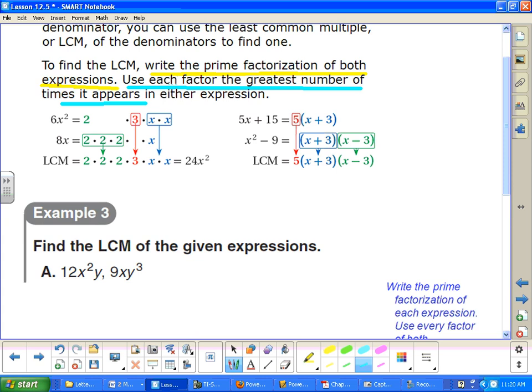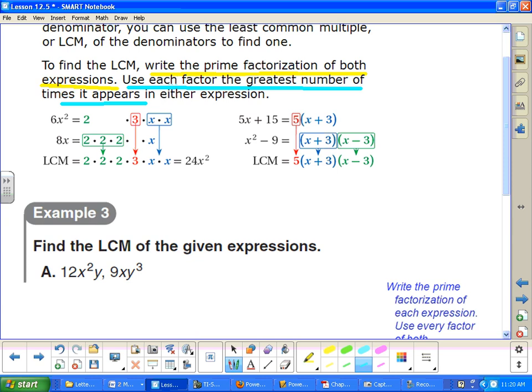I have a 2 here with 6x squared, but three 2's with the 8x. So I'm going to choose the three 2's. There's only one 3, so I need that. I have 2 x's in the first one and 1 x in the second one, so I'm going to select those 2 x's. So it would be 24x squared.